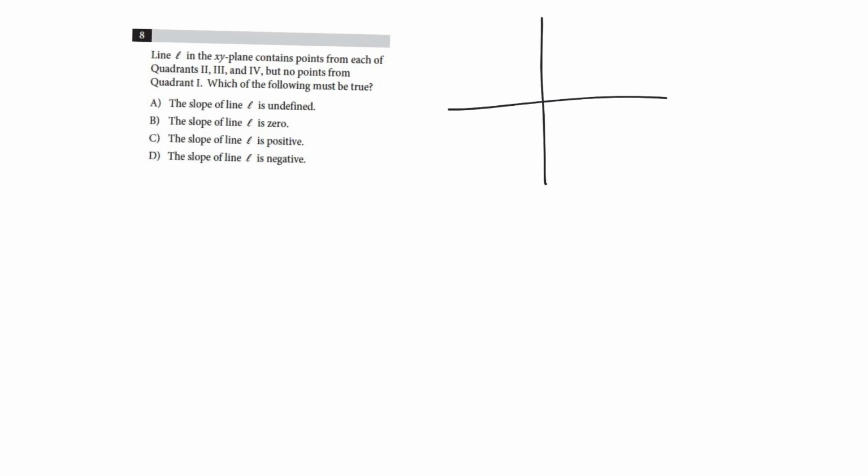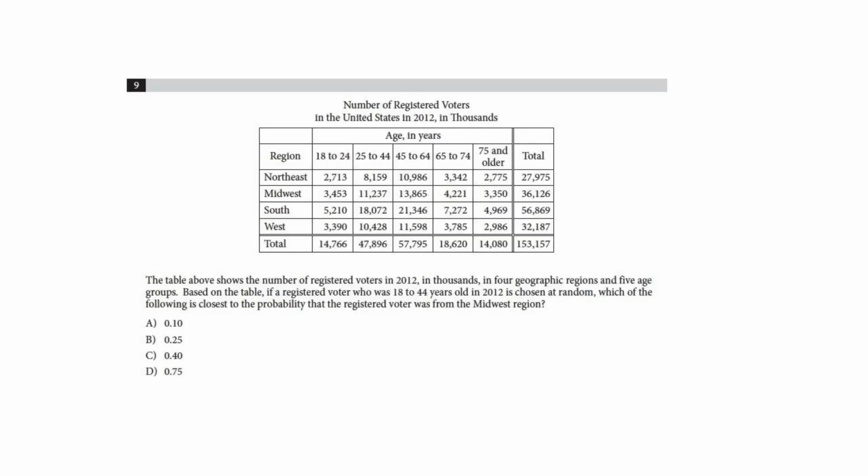If the line is in these 3 quadrants, it has to be something like that. The slope of the line is undefined. Slope of the line is 0. Slope is positive or slope is negative. Clearly it's going to be negative slope.